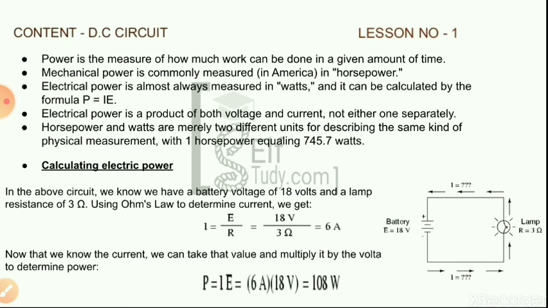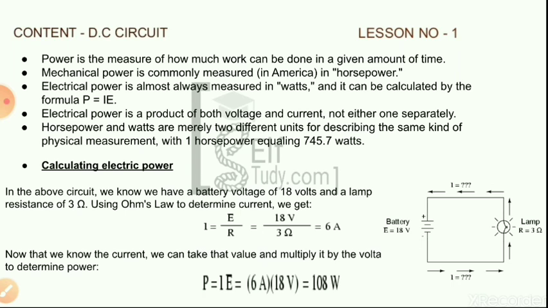Now let's see the power formulas and how power is calculated in an electrical circuit. Power is a measure of how much work can be done in a given amount of time. Mechanical power is commonly measured in America in horsepower.